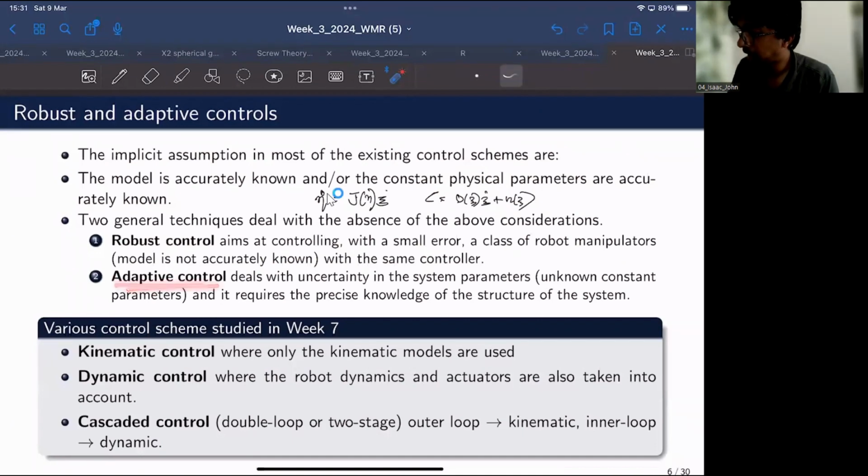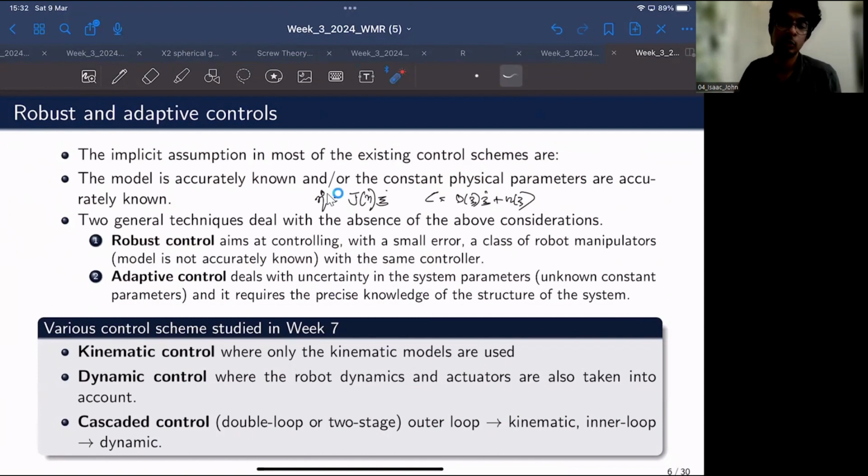And in the case of an adaptive controller, it deals with the uncertainty in system parameters, or unknown constant parameters, and it requires precise knowledge of the structure of the system. For example, there could be applications where you might not even remotely estimate the mass matrix, or the moment of inertia, and probably the location of the center of gravity, because sometimes the system could be highly dynamic.